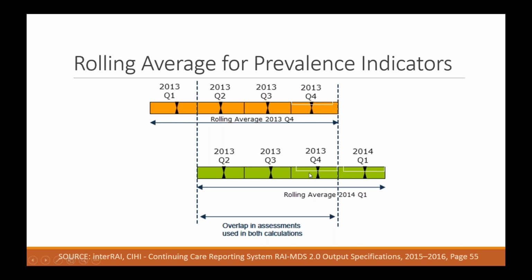Please remember that the data from quarter 4, quarter 3, and quarter 2 are included in this particular report for quarter 1. So that's the concept. So if you had 100 residents, you would not be surprised to see the number of residents used to calculate that statistic is 400 plus. So that is very possible.